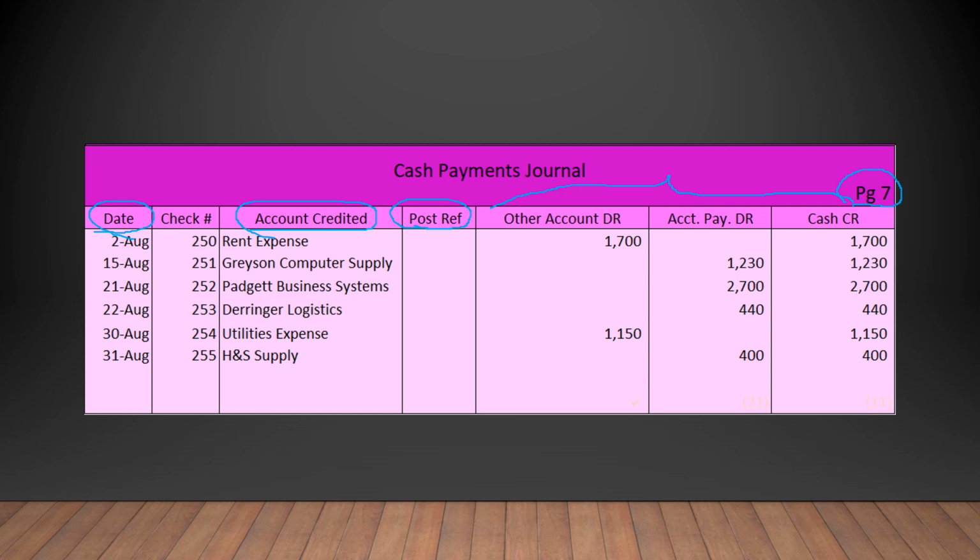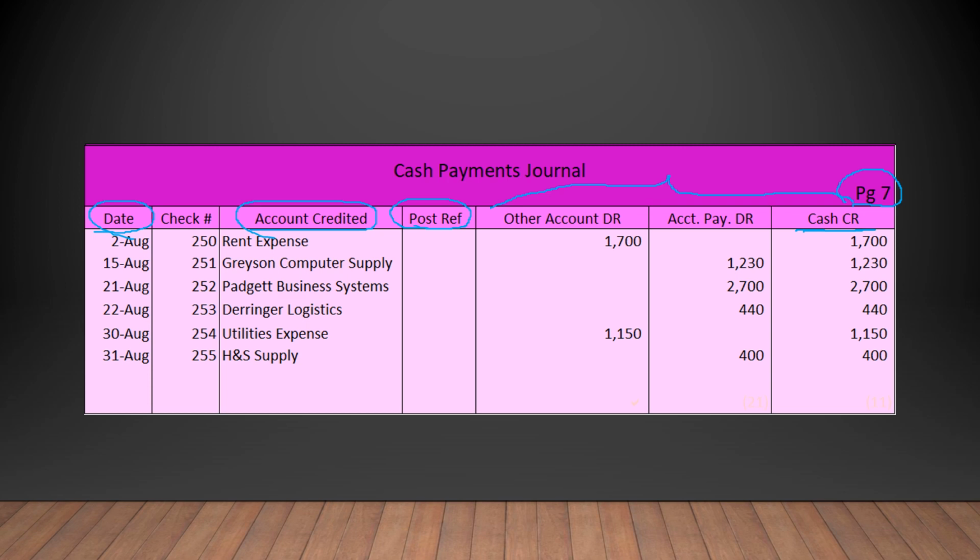With the cash payments journal, since cash is being dispersed, the cash account will always receive a credit. For this reason, each row will always have an amount in the cash credit column.